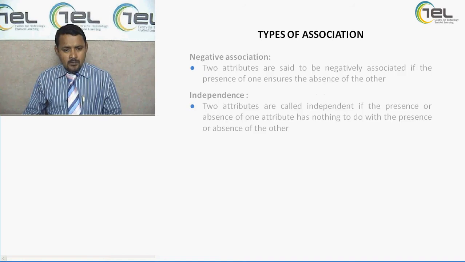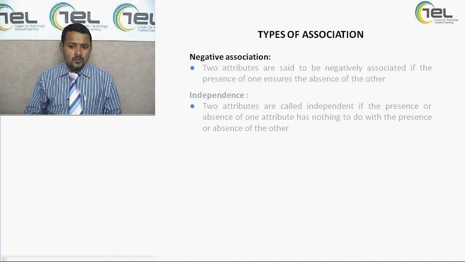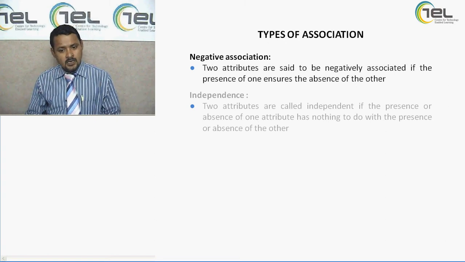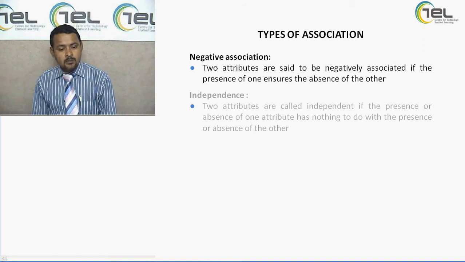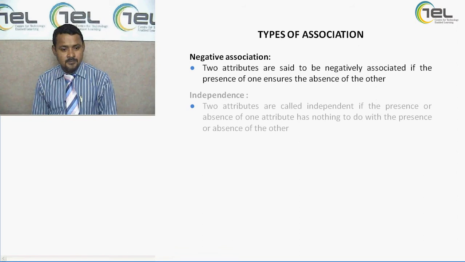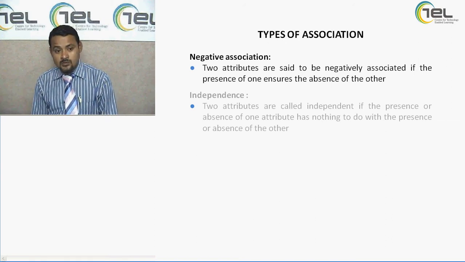But in the same way, two attributes will be said to be negatively associated if the presence of one ensures the absence of the other. If somebody doesn't bathe, somebody doesn't use a soap for cleaning purpose, whether his own body or his clothes, for 1 month.